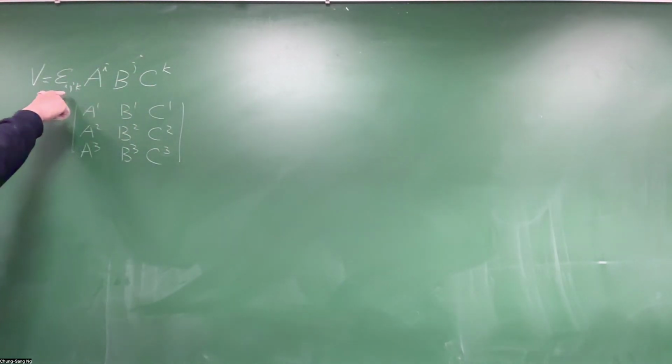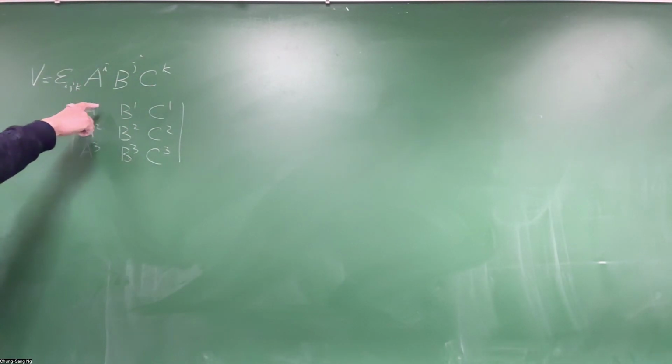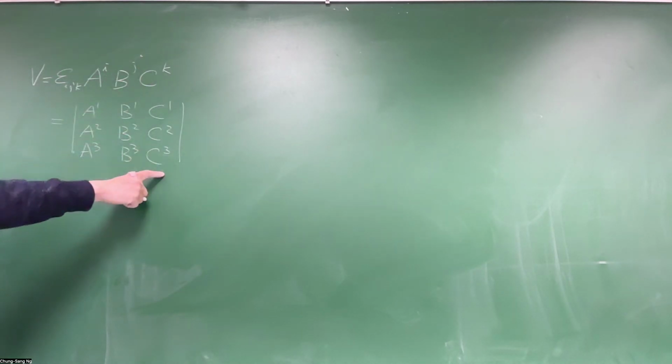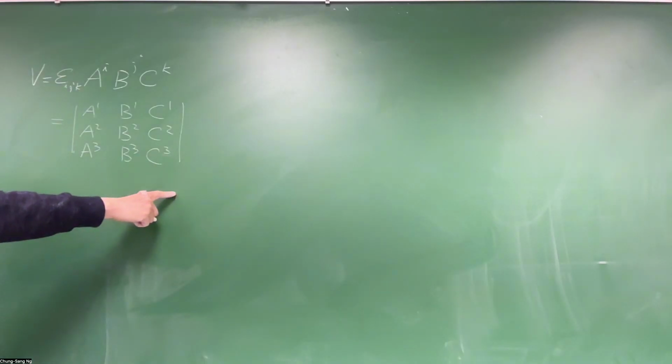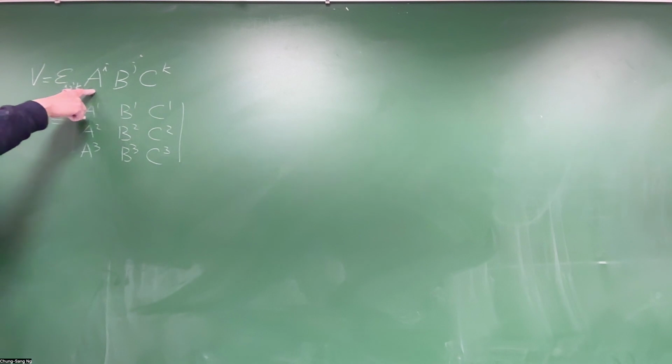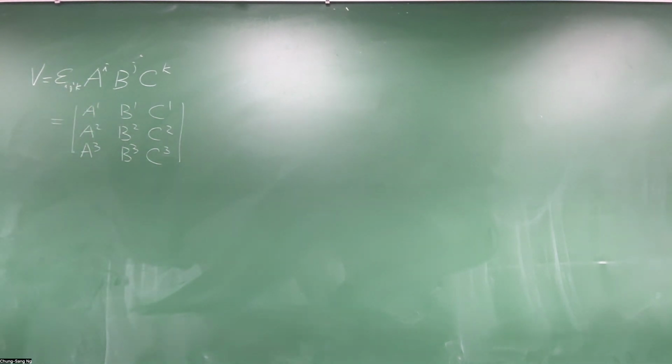So we involve i equals 1, 2, 3: this is 1, this is 2, this is 3, which is this, that is positive 1, and all the others check out. This object is exactly the determinant.